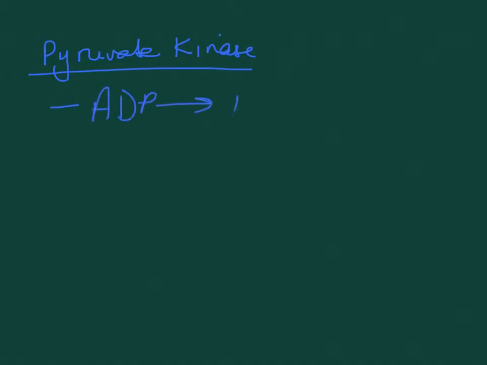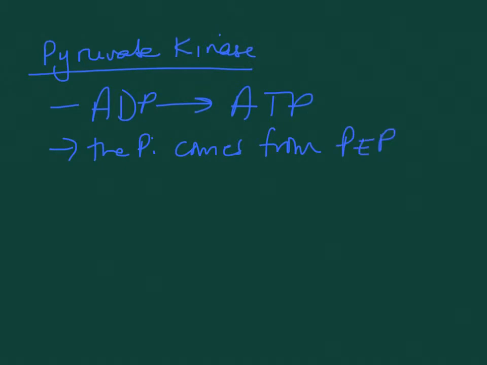The last enzyme we're going to look at is pyruvate kinase. Pyruvate kinase phosphorylates ADP into ATP. The phosphate comes from PEP, or phosphoenolpyruvate.